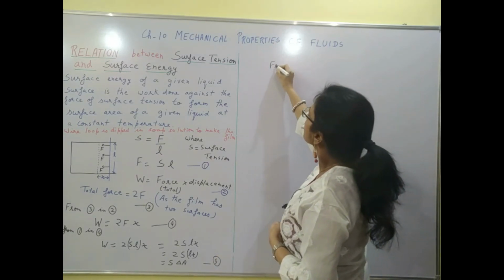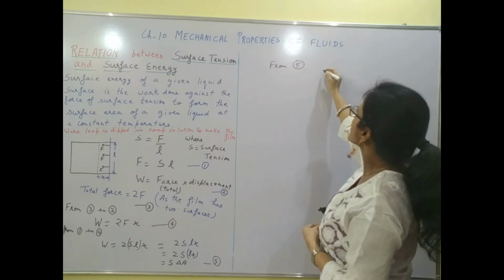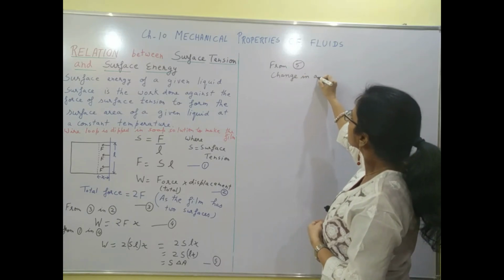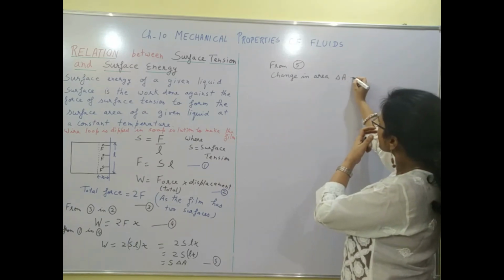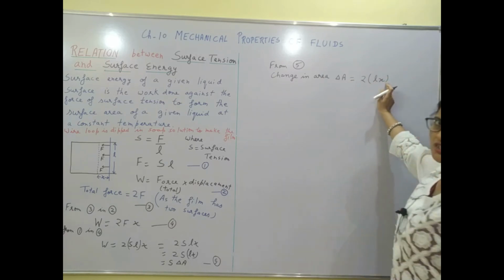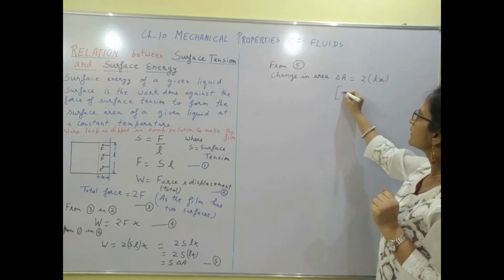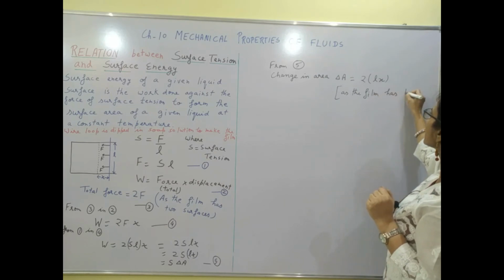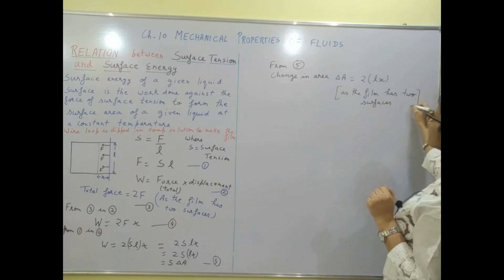From 5, this change in area delta A is equal to 2 times the change in area for one side of the surface film, because the film has two surfaces, right?